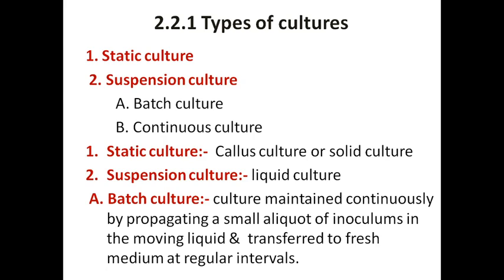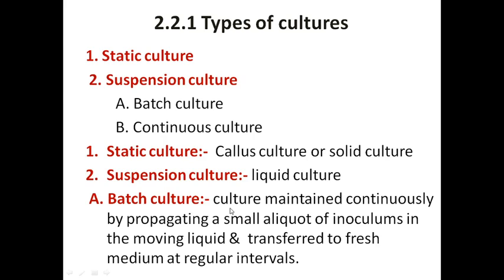So students, there are three different types of suspension culture. There is the batch suspension culture, the continuous suspension culture, which is further divided into two types, one a closed type and another an open type, and the third one is the semi-continuous culture. First I am focusing here on the batch culture.